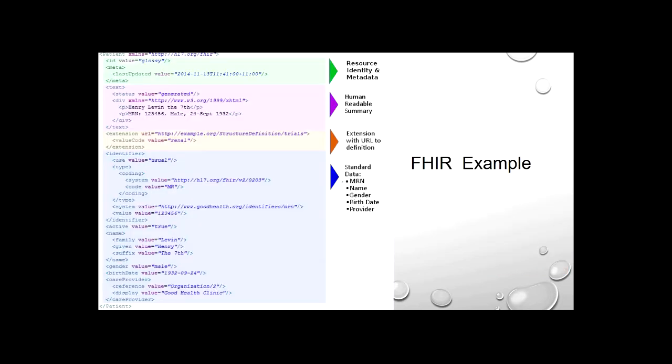And this is what a FHIR example would look like. And if you've done any coding with like HTML, this would look very familiar to HTML coding, but it's a little easier to follow, kind of makes a little more sense, and maybe a little bit easier to manipulate. So it's just another example of HL7 moving forward into this FHIR.